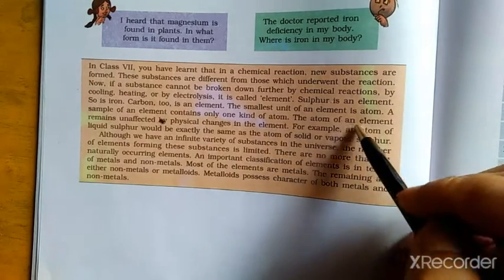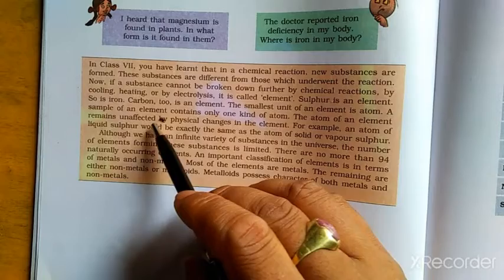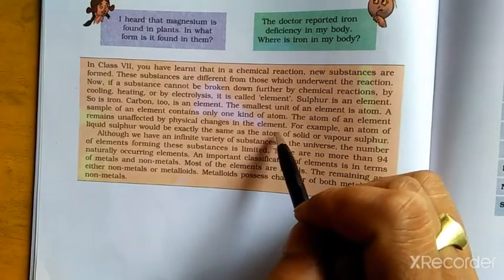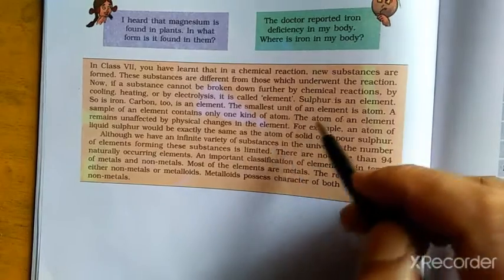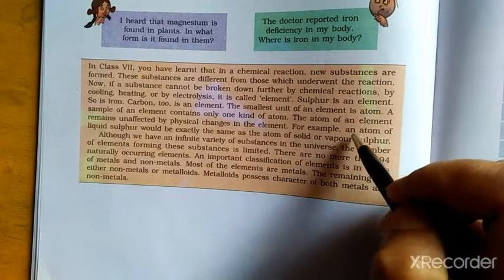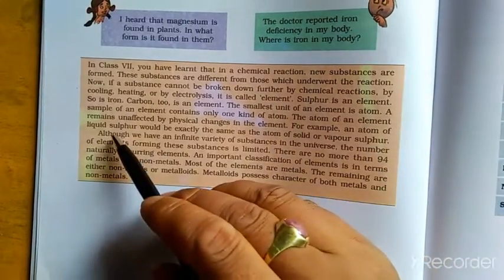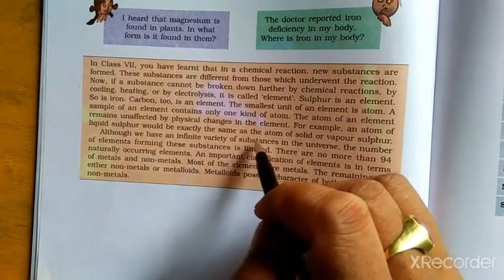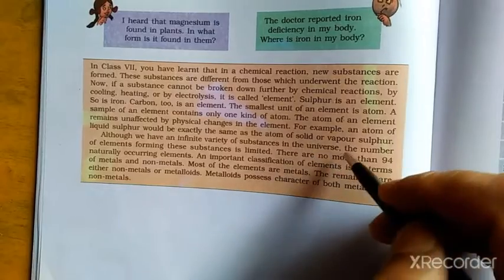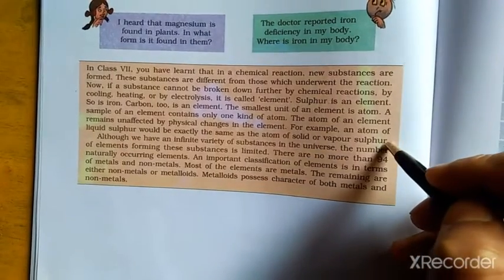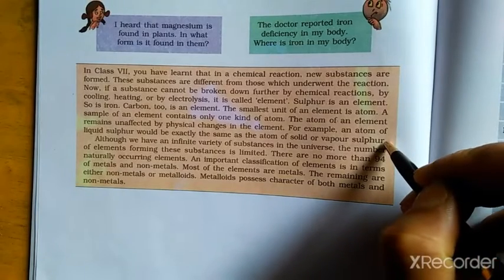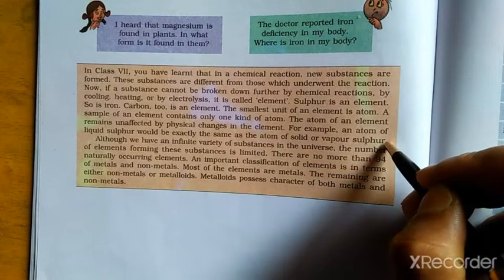The atom of an element remains unaffected by physical changes in the element. So, for example, an atom of liquid sulfur would be exactly the same as the atom of solid or vapor sulfur. So, the element may be in different states, but their atom will be the same.